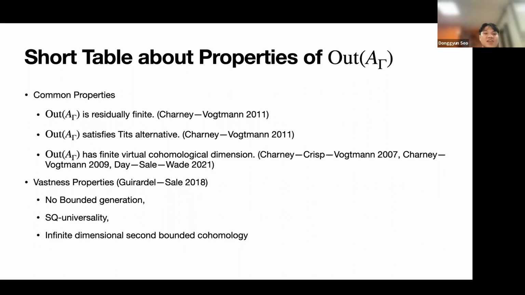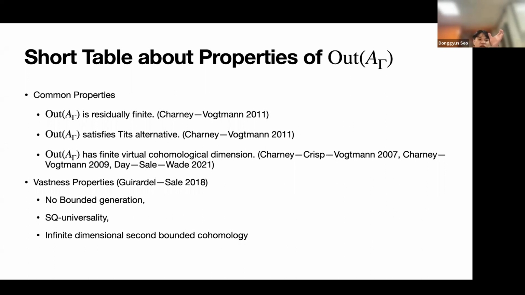Guerrero and Seo discovered a dichotomy in the class of automorphism groups of right-angled Artin groups. One part consists of the RFN, and the other part consists of the general linear groups.